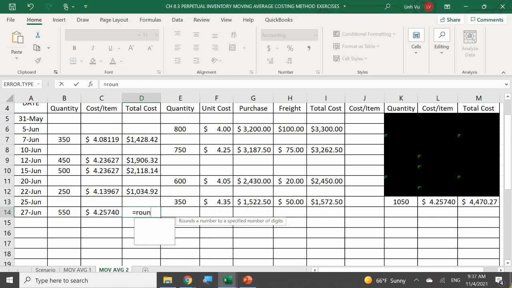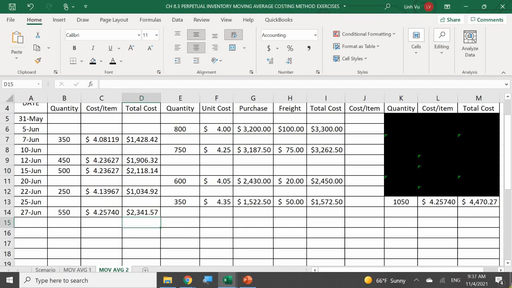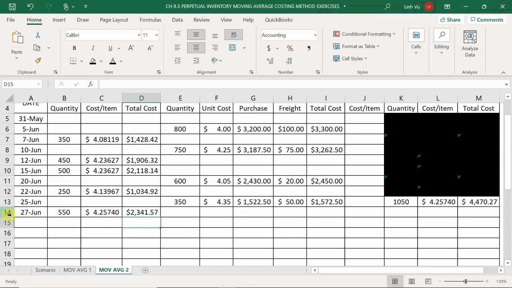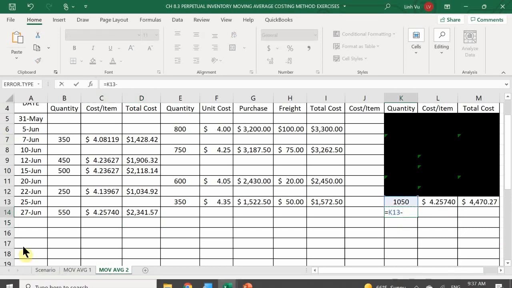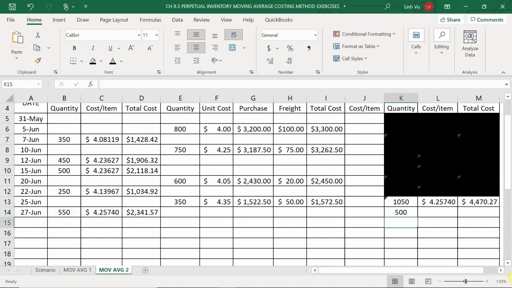So that's going to give me a total cost of goods sold to be $2,341.57. Good. Okay. So once again, you're going to update your inventory because you no longer have the 1050 minus 550 gives you your 500 units at the end of the month.